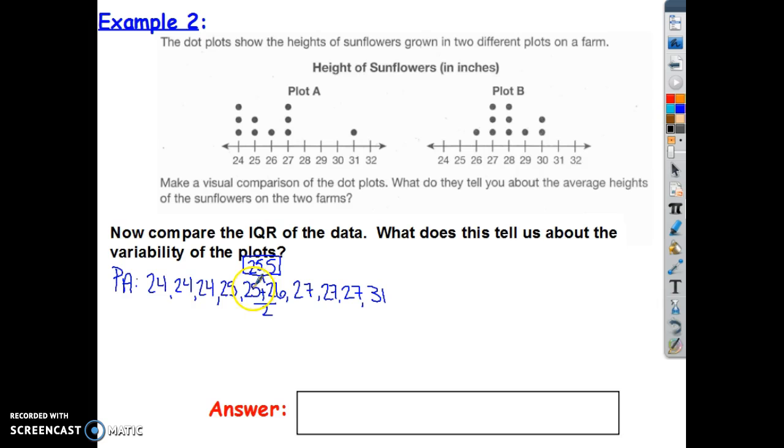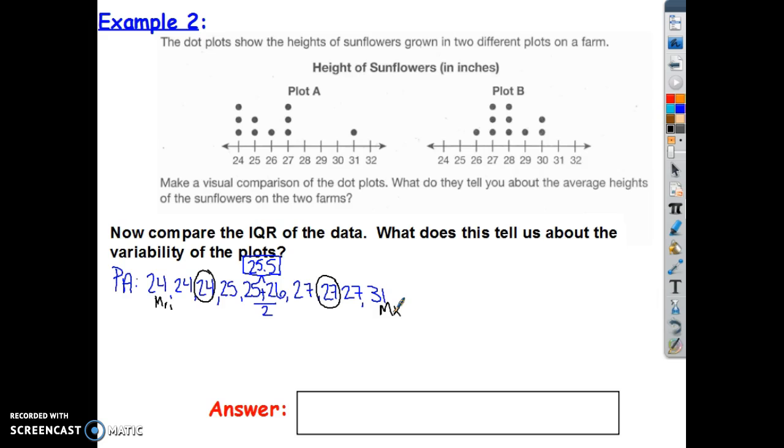All right, so with 5 numbers, I need to find the middle number, 1, 2, 3. So I'm going to circle that. My lower quartile is 24. Over here, 1, 2, 3, my upper quartile is 27. That's the median of the upper half of the numbers. So now this is my minimum, and this is my maximum.